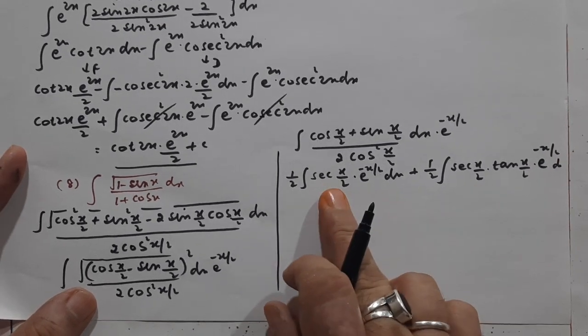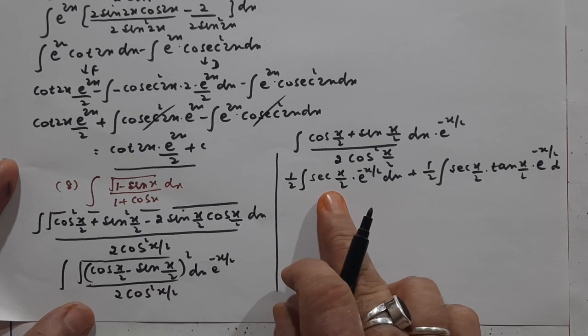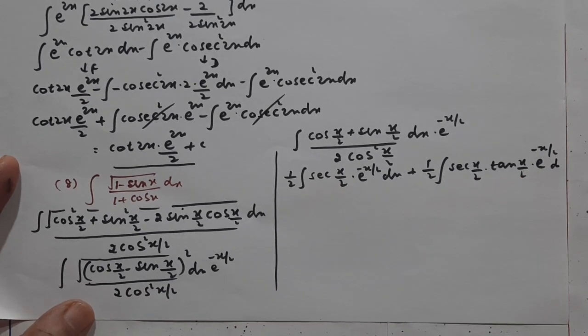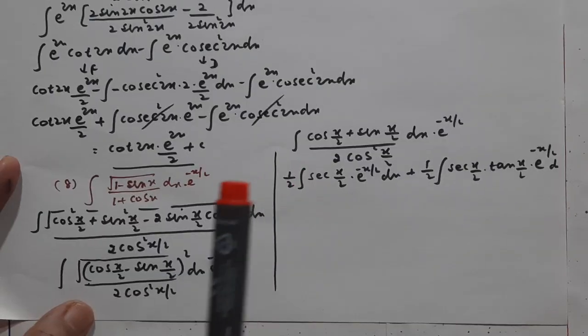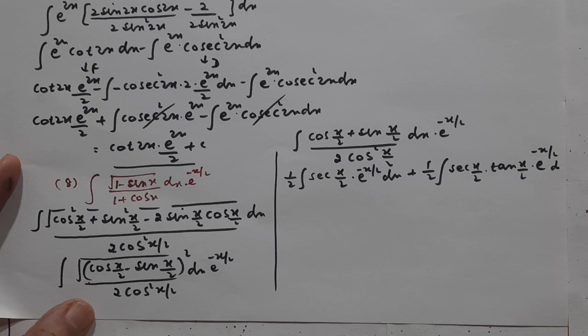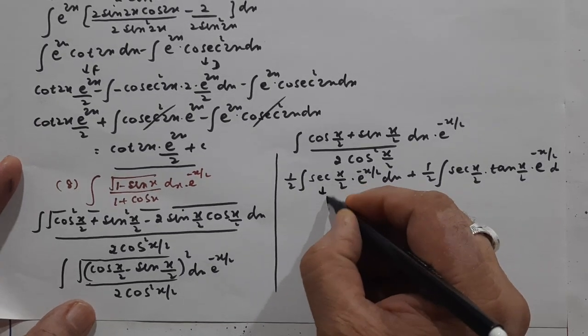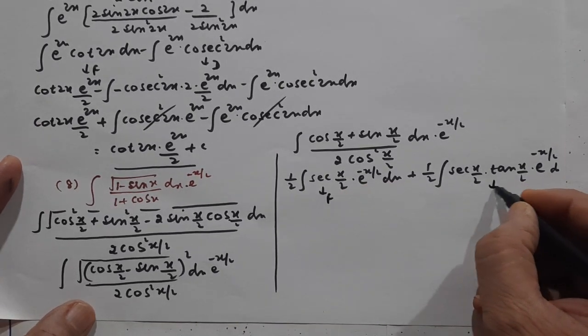Now secant is the function and its derivative is secant x by 2 tangent of x by 2. So let us integrate. Now see, this is the function and this is our derivative.